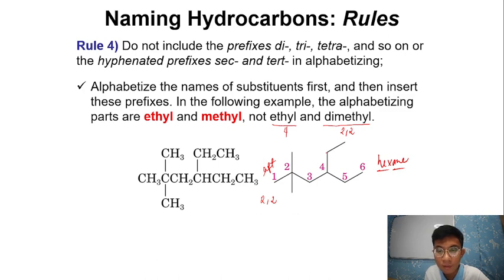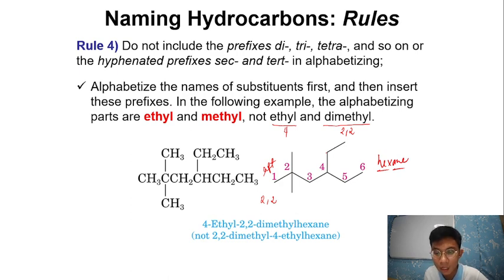So, the ethyl, you'll assign 4, then dimethyl, 2, 2. Then, may hexane. That's why the name will become 4-ethyl-2,2-dimethylhexane. Okay? So, hindi kino-consider ang di sa alphabetization. So, that's rule number 4. Hindi natin gagamitin sa alphabetization or hindi natin i-consider yung mga prefixes kapag ina-alphabetize natin siya.